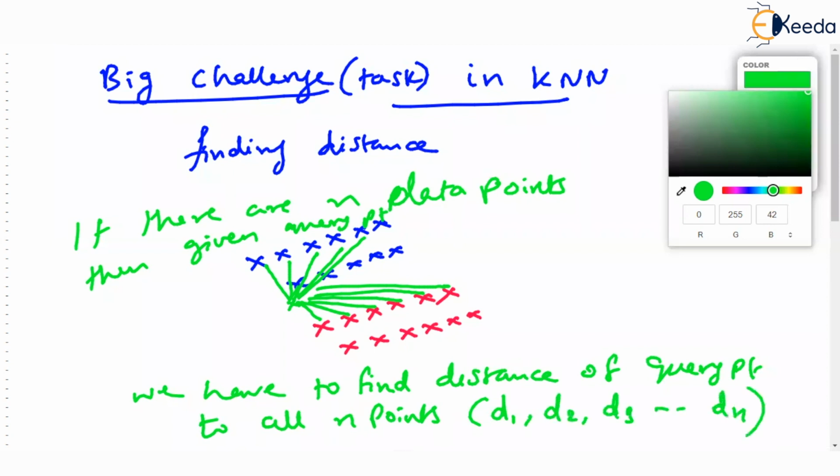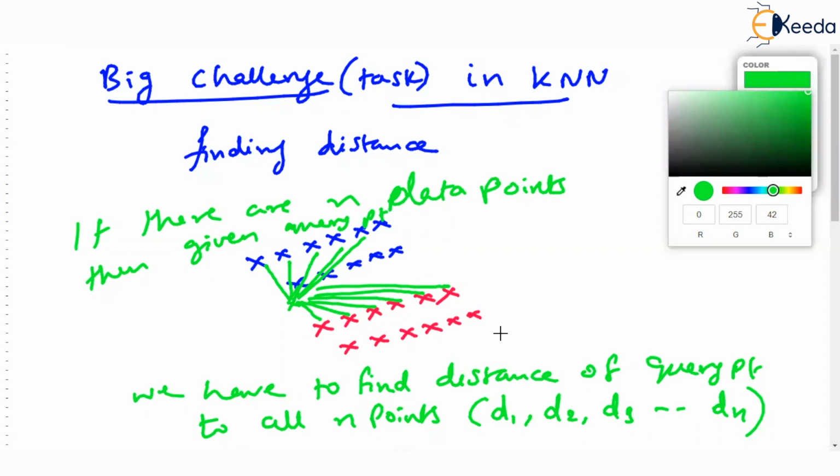What do you say? This D1 is the distance of the first data point up to the query point. This D2 is the distance of the second data point up to the query point. And there are n data points, so there are n distances.